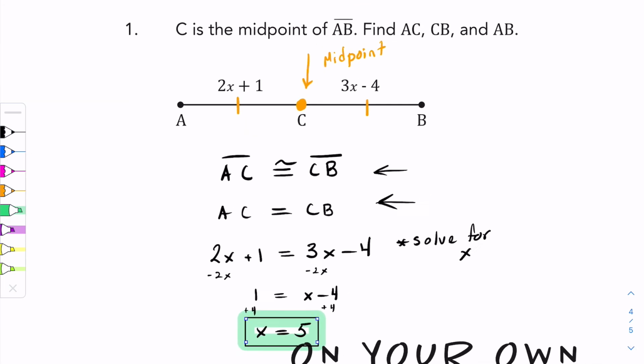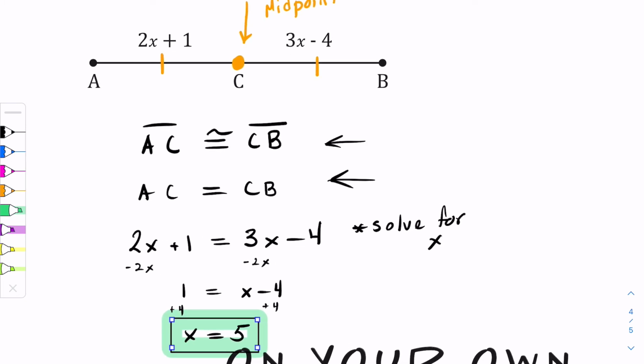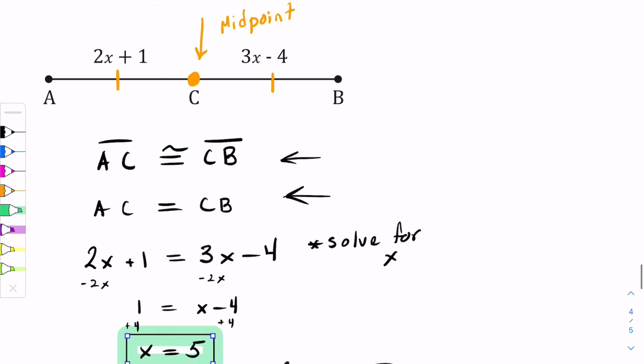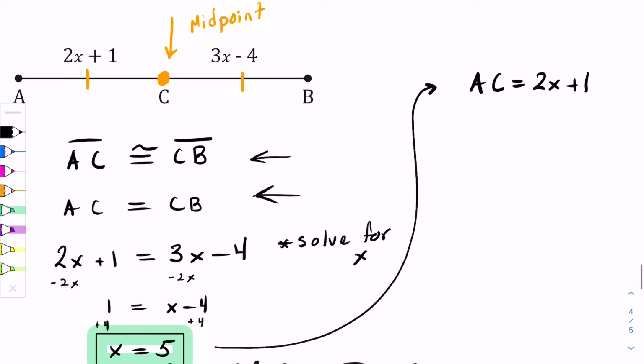Because x is equal to 5, I can now find the length of each segment, which, by the way, each segment is equal, so when you check this number, you should get the exact same value for each segment. We know that AC is represented with 2x plus 1. If I substitute 5 into this equation, I have 2 times 5 plus 1. AC is equal to 11.